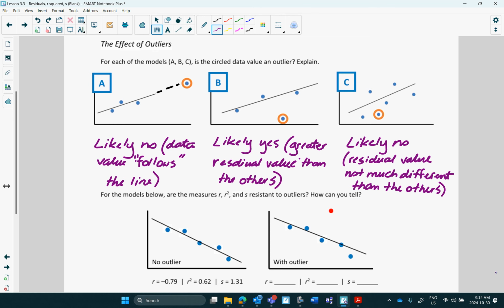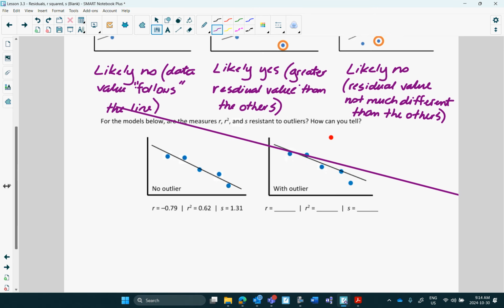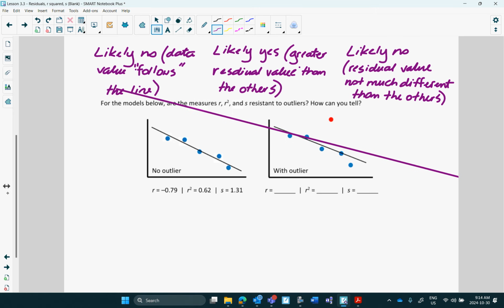So if we talk about outliers, what effect does it have on these measures that we've been looking at in this unit? Specifically R squared and S. Now, I don't expect you to give me exact values, but you should be able to tell me whether each one of them is going to be higher or lower.